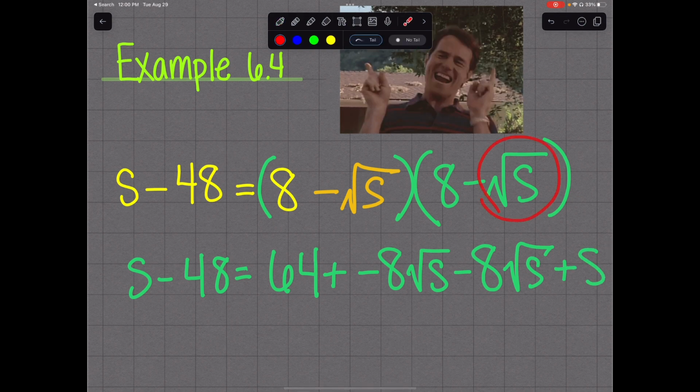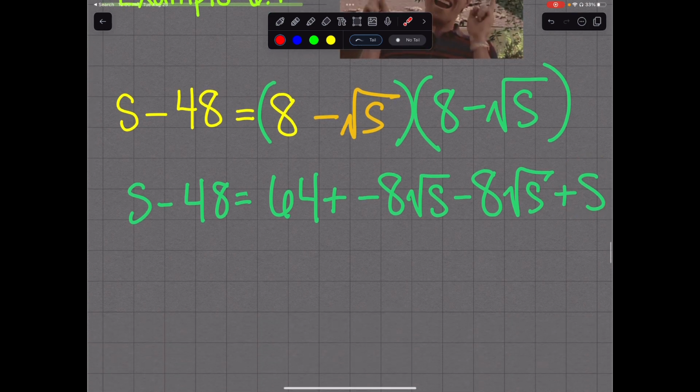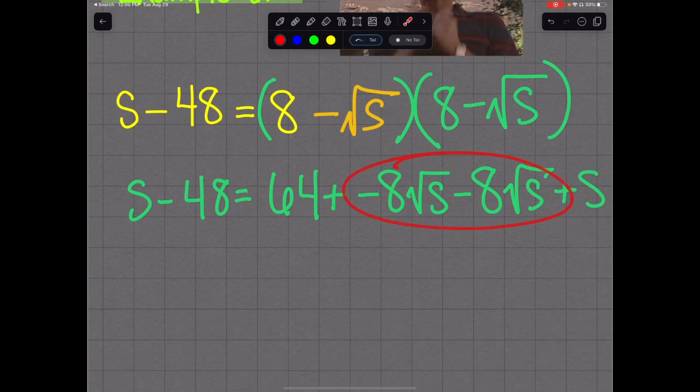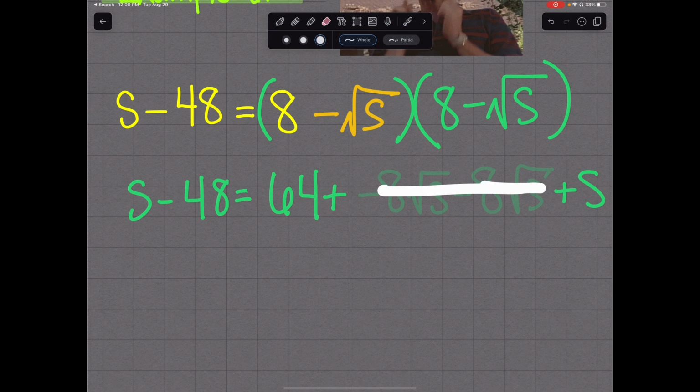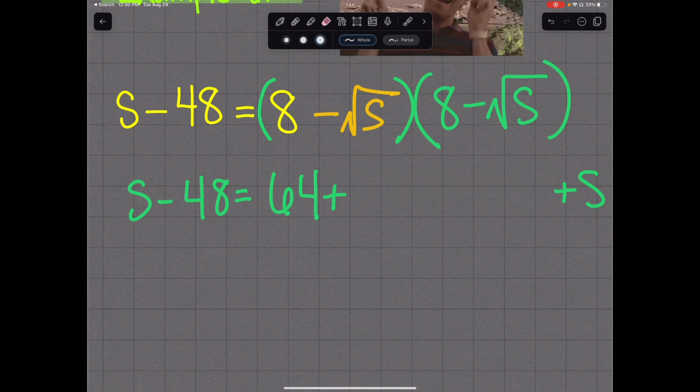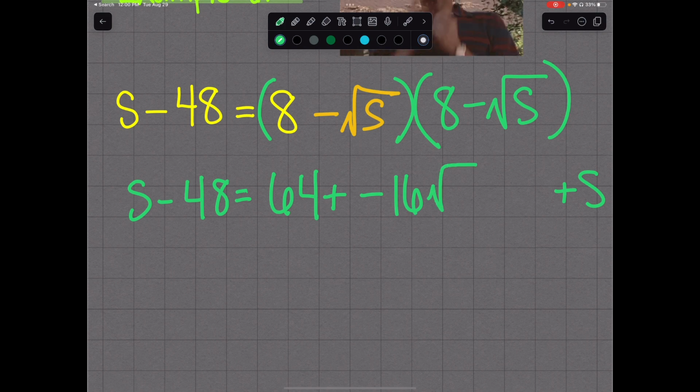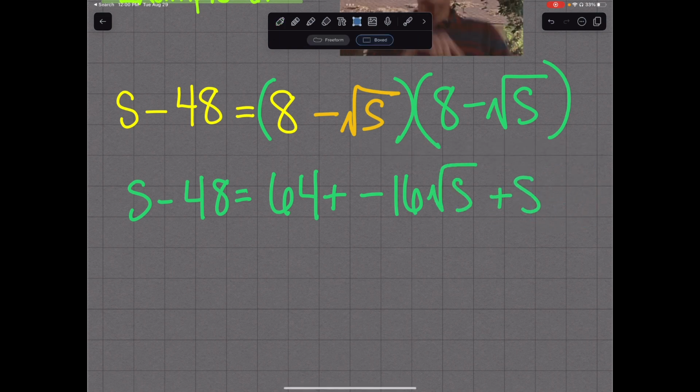Because we've got the square root s times square root s, and it just simplifies to this. And then we can simplify this part to just minus 16 square root s. Did you see how I did all of that? Okay, I think you know how to do that already, so I'm just going to do it that way.